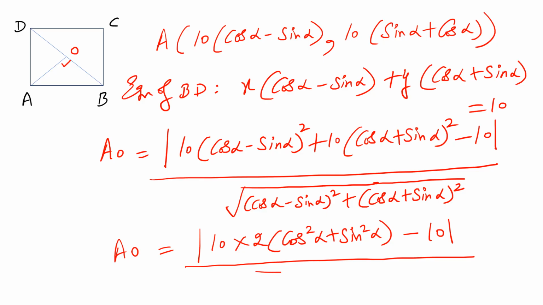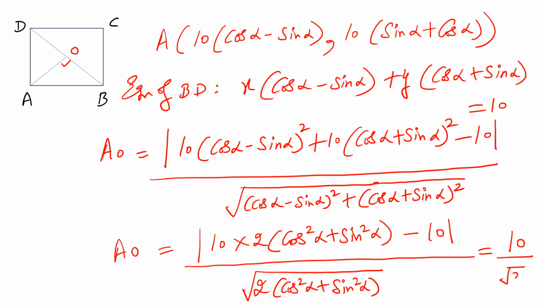So it becomes 2 times a square plus b square, which becomes 2 times cos square alpha plus sin square alpha. And we know that cos square alpha plus sin square alpha is just 1. So finally, the value of AO comes as 20 minus 10. It is 10 divided upon root 2.